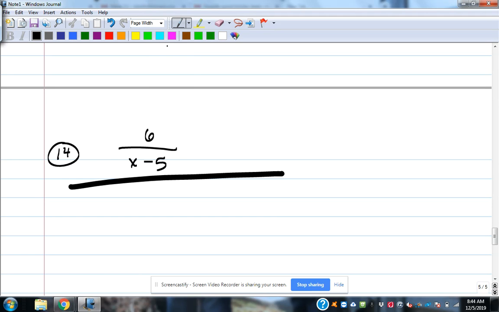X or 6 over x minus 5 is the numerator. The denominator, let's make it 3 over x plus 5 minus 2x over x squared minus 25.